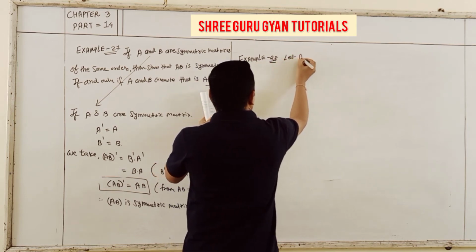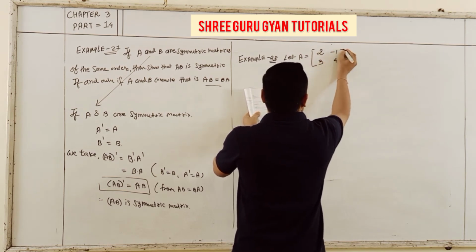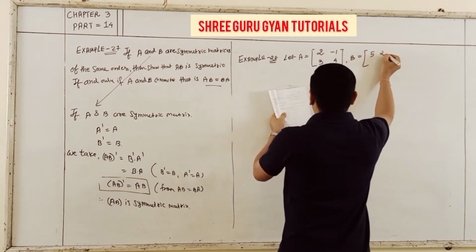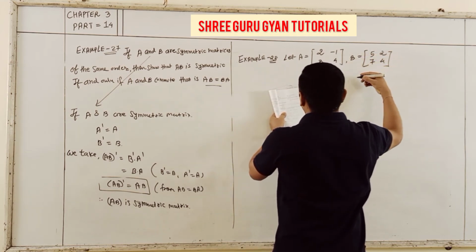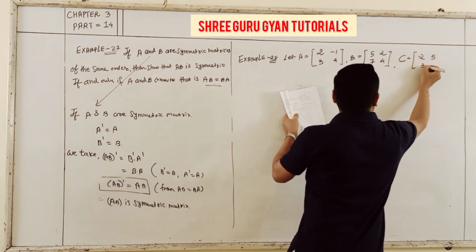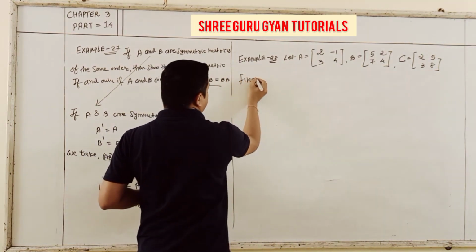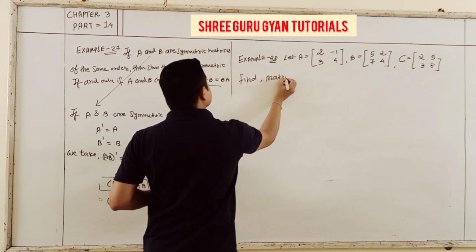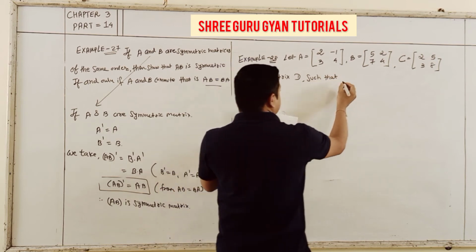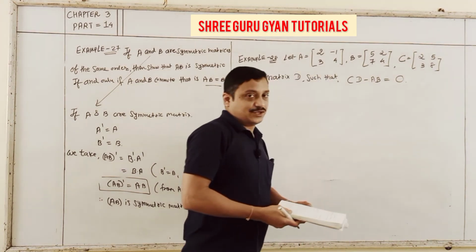Let A be the matrix 2 3, minus 1 4; B be 5 2, 7 4; and C be 2 5, 3 8. Find matrix D such that CD minus AB is equal to the 0 matrix.